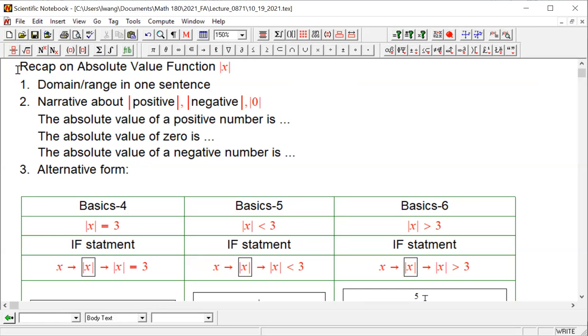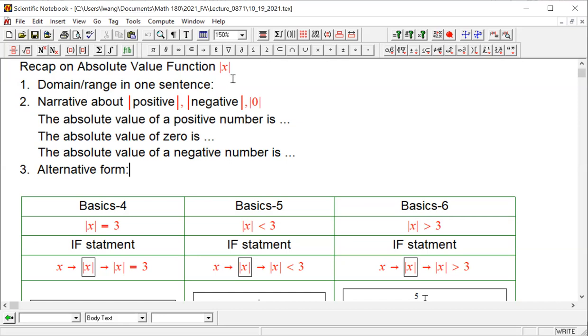So as we recap this, what are the key points, right? We've done this before, and this is the second time we focus on this, and we're going to apply whatever we have learned to the if statement situation, right? So let's review.